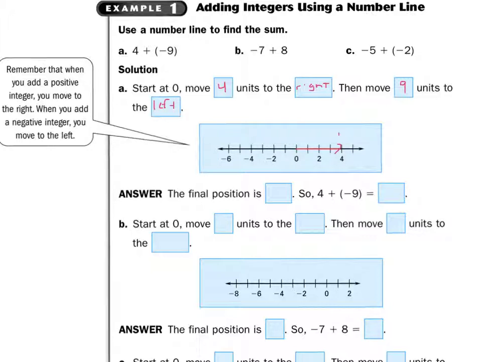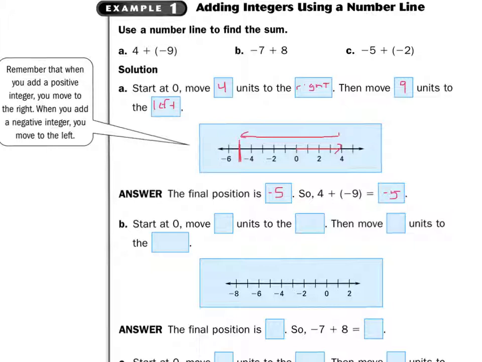So from here, 9 units left will bring us to this point right here, which is negative 5. So 4 plus a negative 9 is equal to a negative 5. In B, we have negative 7 plus 8. Again, we start at 0.